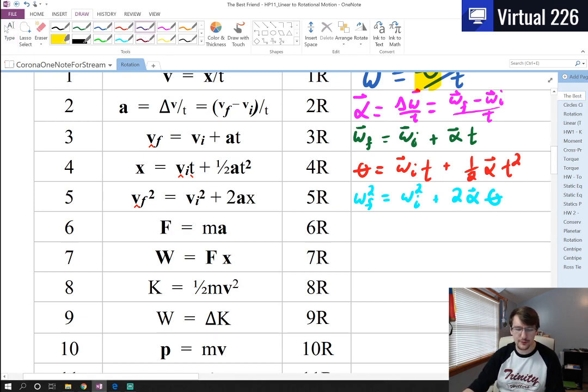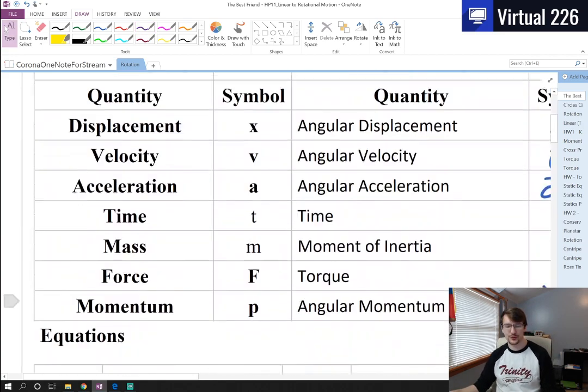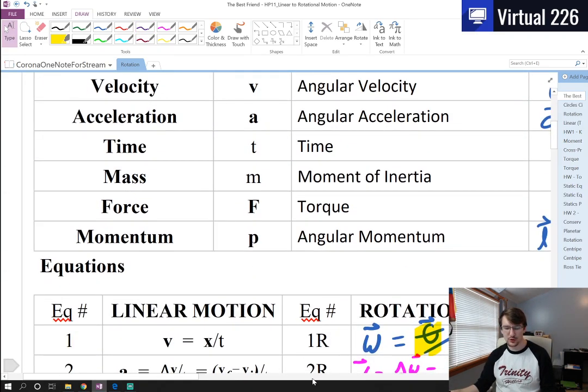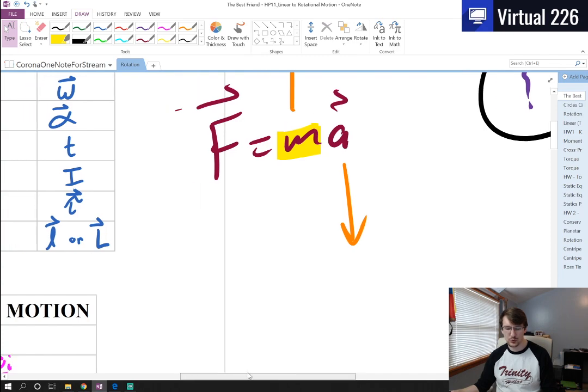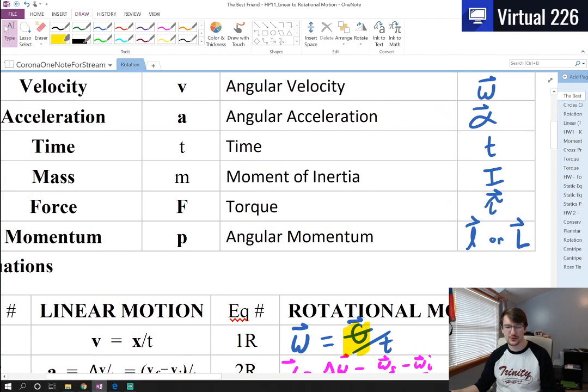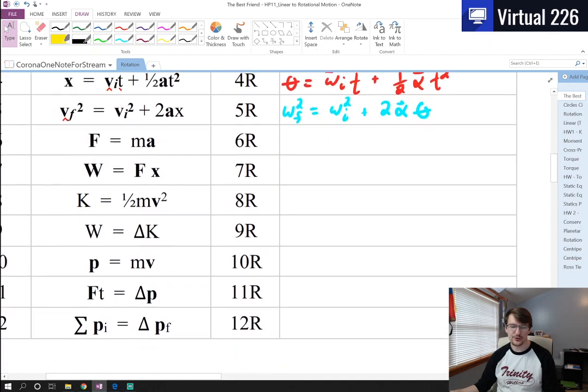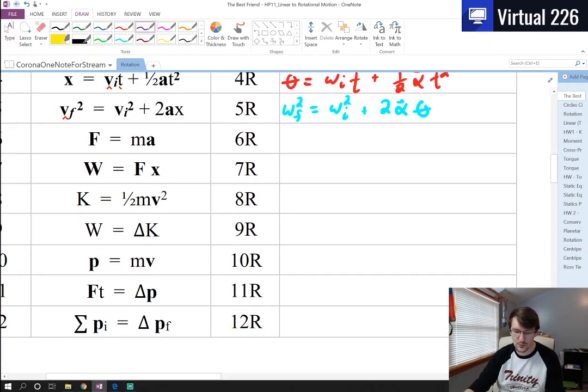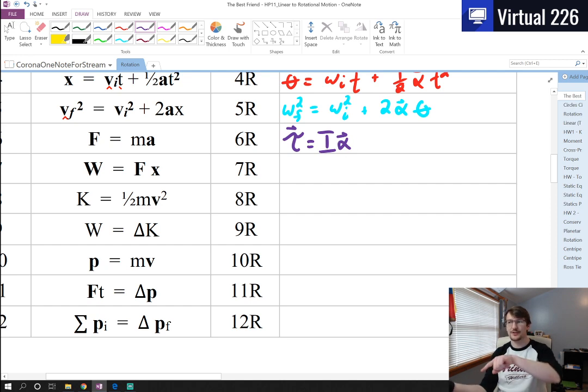In terms of forces, though, remember, we don't have forces in rotation. We have torques. And because we have these torques, things drastically change up. We do still have the F equals ma equation, just we can rewrite it as torque equals I alpha. That's totally good and valid because the mass has been replaced by moment of inertia, and the acceleration is now this angular acceleration, which we'll talk about.